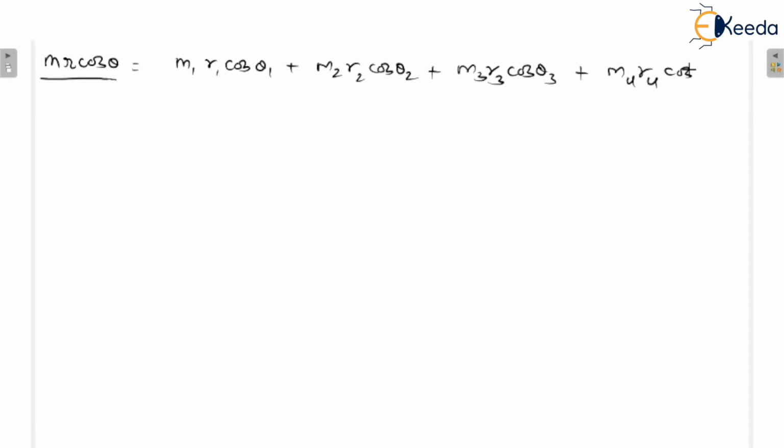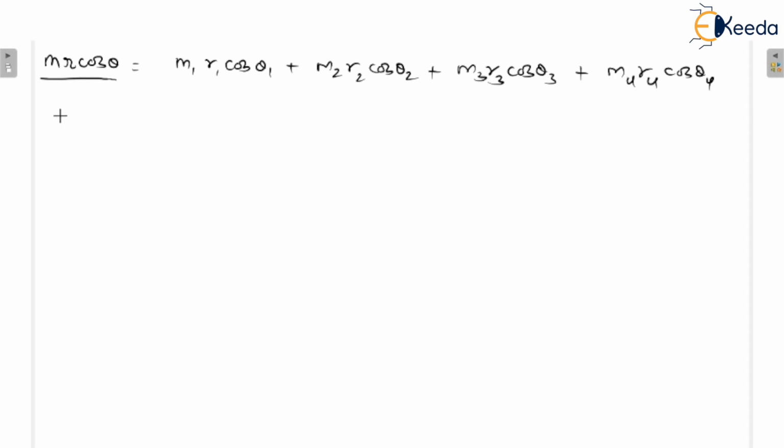So summation MR cos theta would be equal to M1R1 cos theta 1 plus M2R2 cos theta 2 plus M3R3 cos theta 3 plus M4R4 cos theta 4.